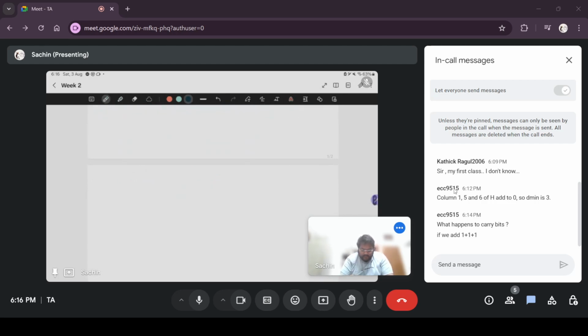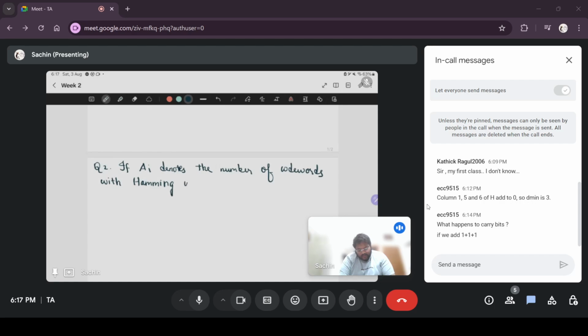Let's go to the next question. In question 1, they asked us to use the same parity check matrix for question 1 to question 3. So you'll have to use the same parity check matrix for question 2 also. And question 2 is, if Ai denotes the number of code words with Hamming weight i.